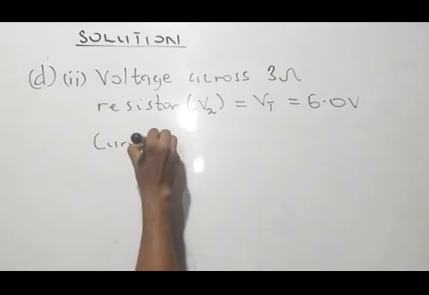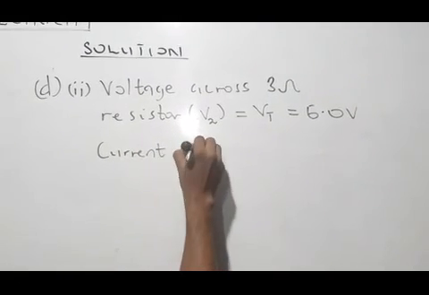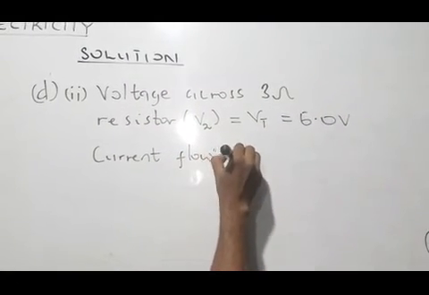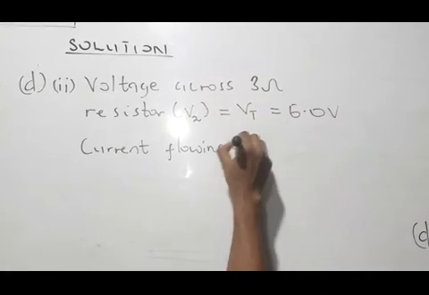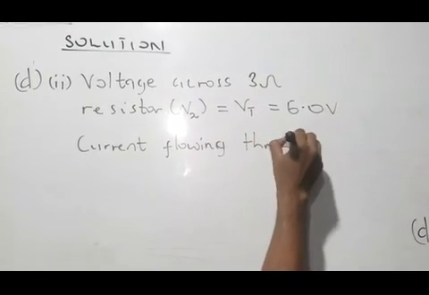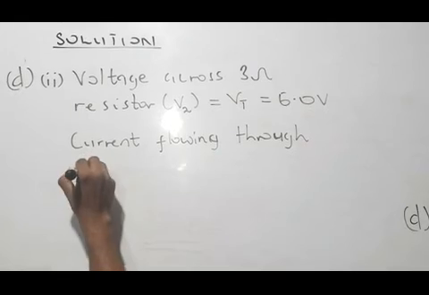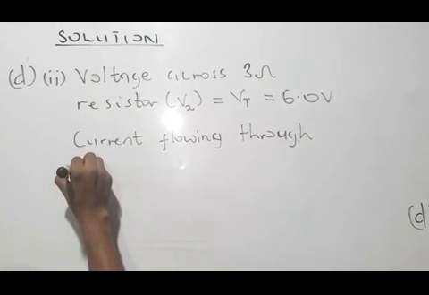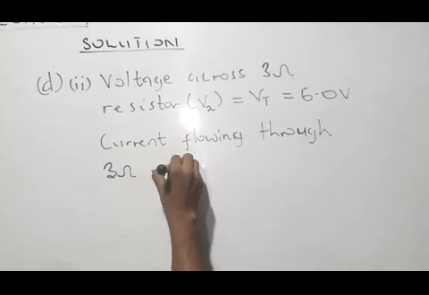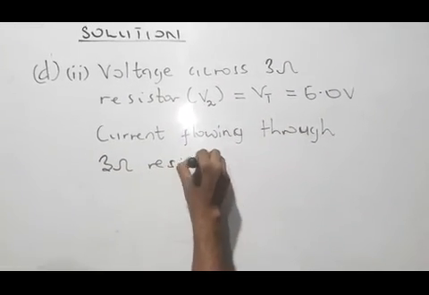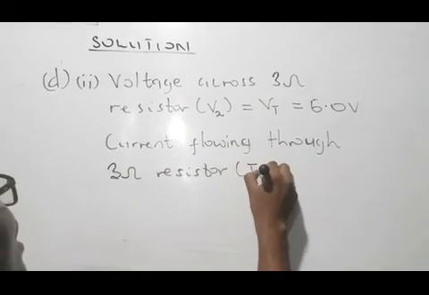You can look for the current flowing through the 3 ohm resistor. That's I2.